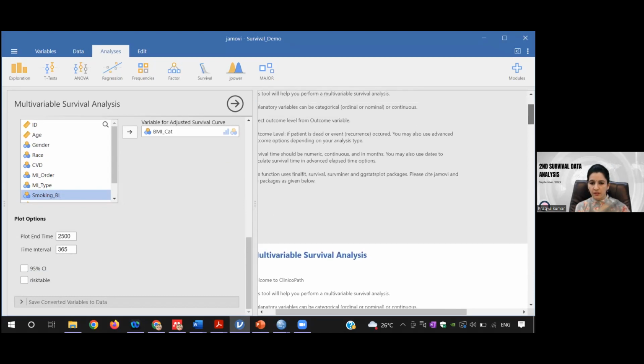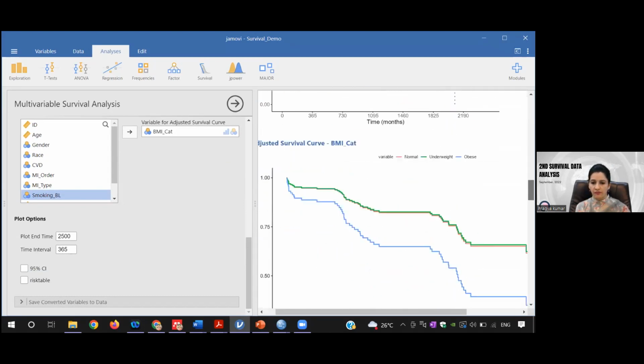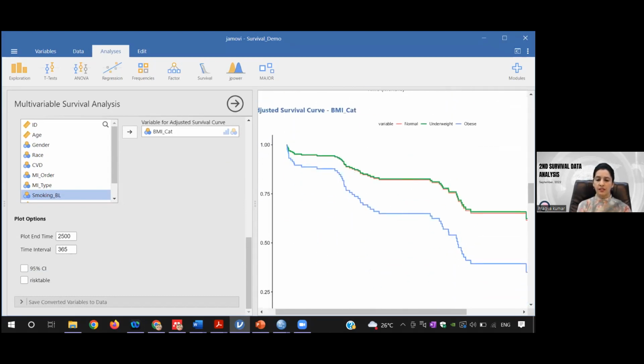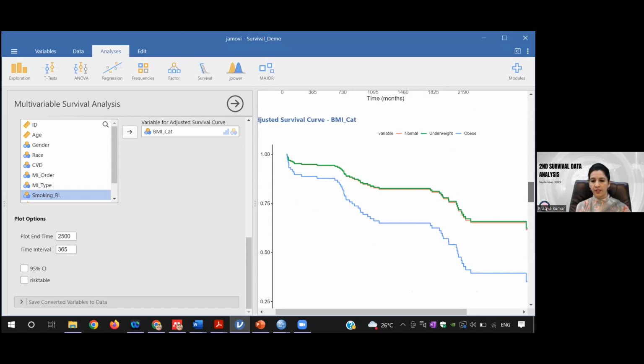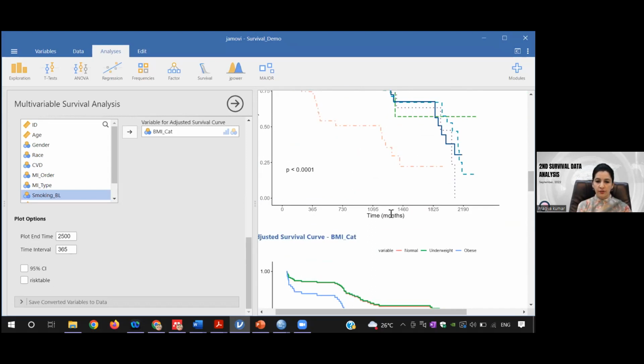Now this has disappeared. So you can see the adjusted survival curve for the BMI category. This is normal, and there are 3 lines. But these 2 lines you can see are merged into a single one because they were not significant. We have seen that.